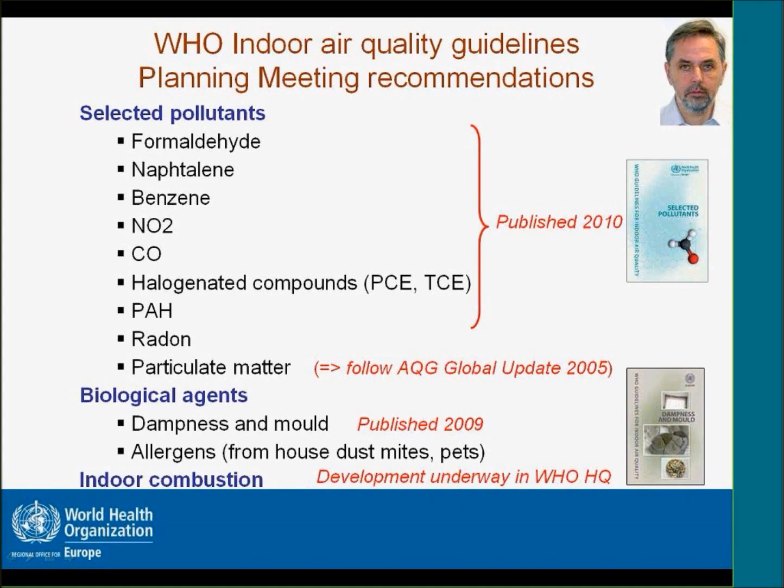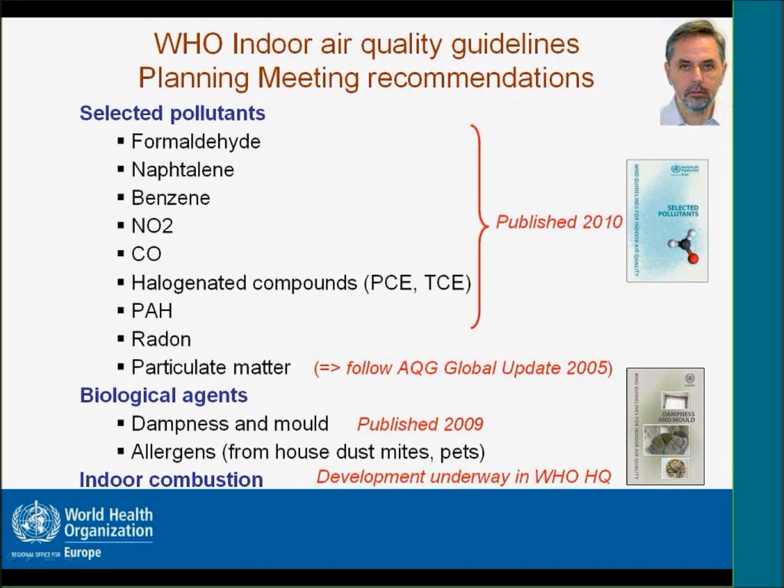The first category was to address selected pollutants, specific chemicals or groups of chemicals which are known to be hazardous, which are known to be present in indoor spaces, in residential buildings or offices, and to formulate guidelines for those pollutants.